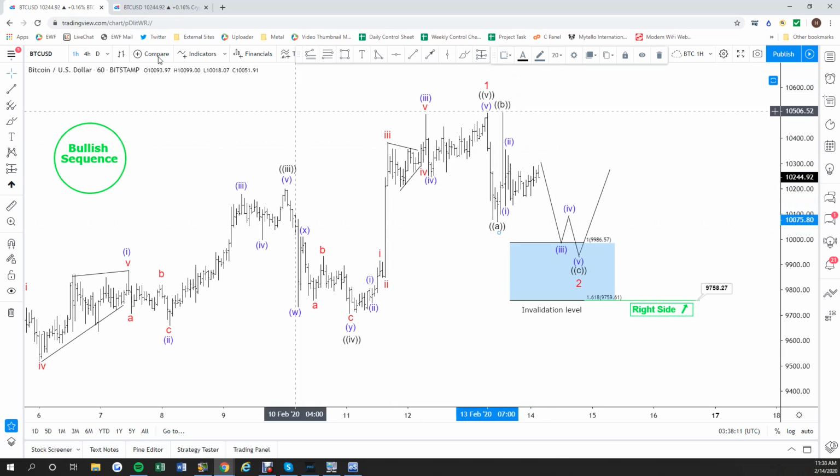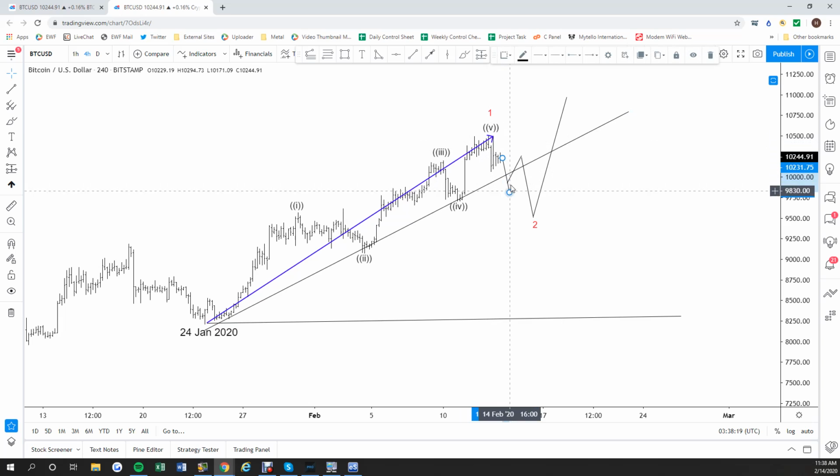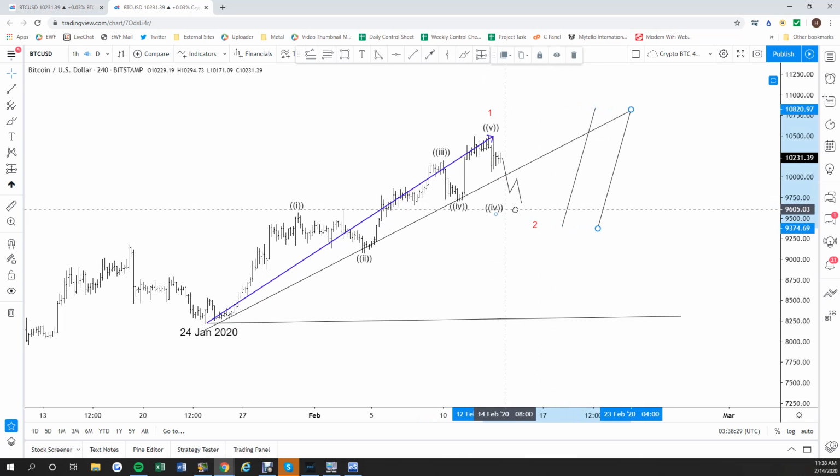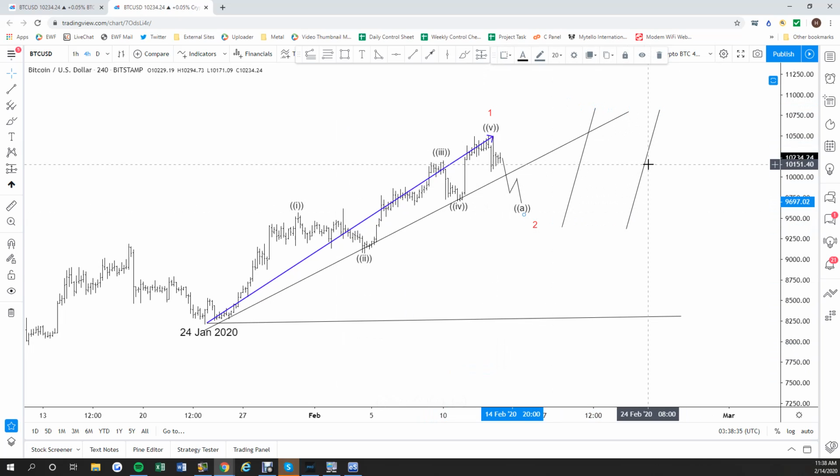So let me put it here in the 4-hour chart. So that could be a wave 1, a wave 2, and then you got a wave 3, wave 4, and wave 5. All right, and that will be ending your wave A from here, as a 5 waves.